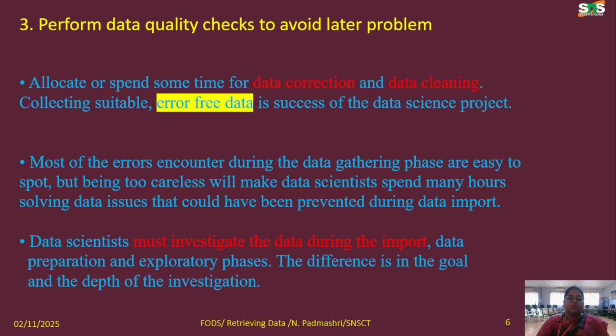That is very important for a data science project, as most errors are encountered during the data gathering phase. So we should not be careless in collecting the data, and should spend some time correcting it. Data scientists must investigate the data during the import, data preparation and exploratory phases.